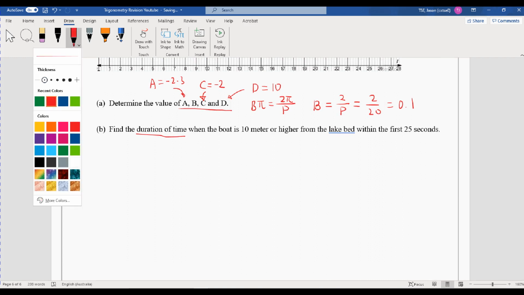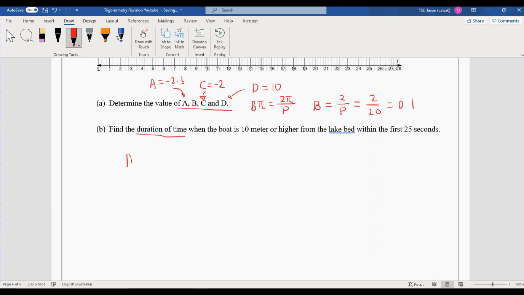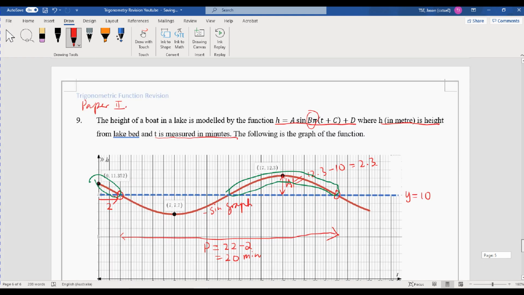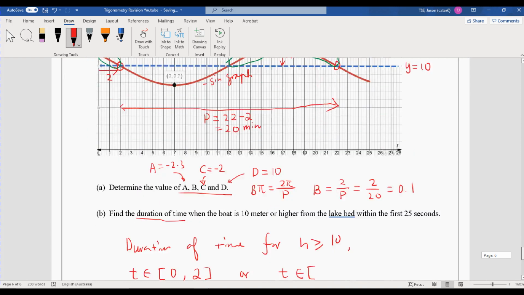So you can say the duration of time for h greater than 10 meters is t belongs to 0 to 2, or t belongs to 12 to 22.